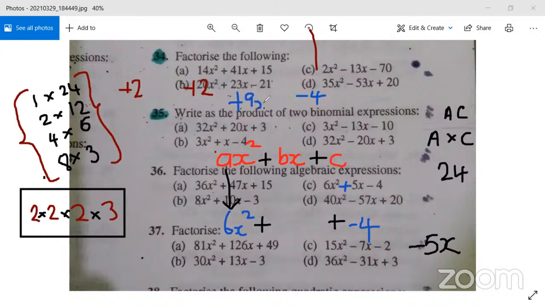So this would be a positive 9x and a negative 4x, resulting in the positive 5x, right? So that's what would happen if this sign here is positive. Out of 9 and 4, 9 must be positive, 4 must be negative in order for the result to be positive. The larger number of the two has to be positive for the result to be positive.